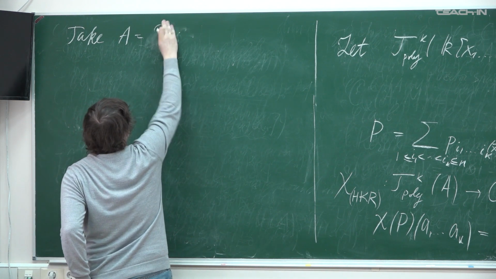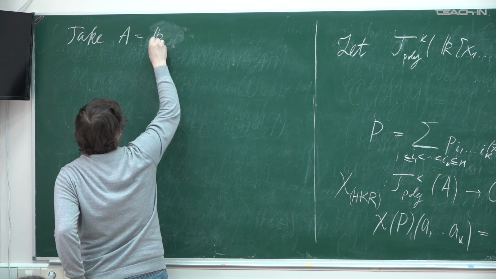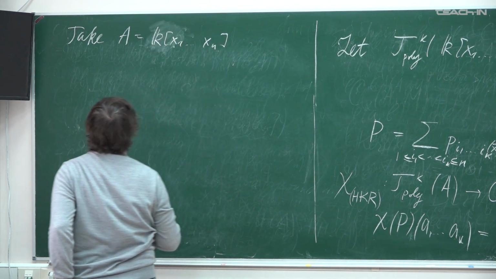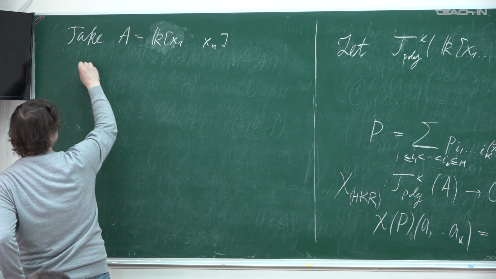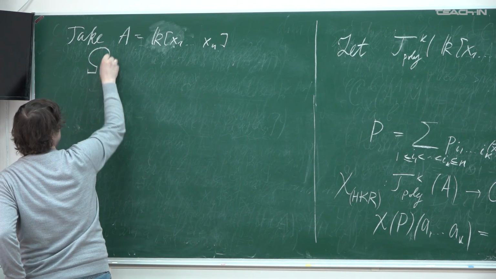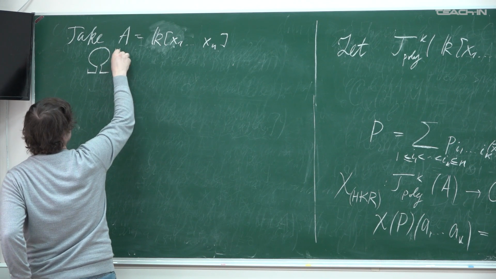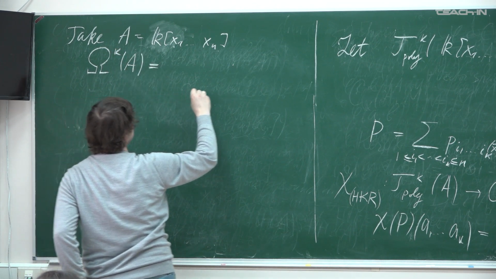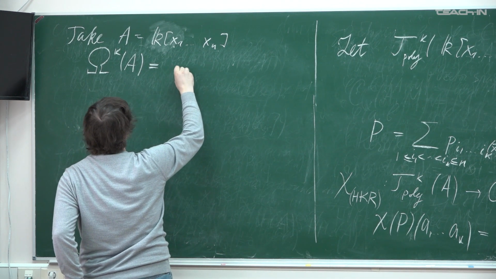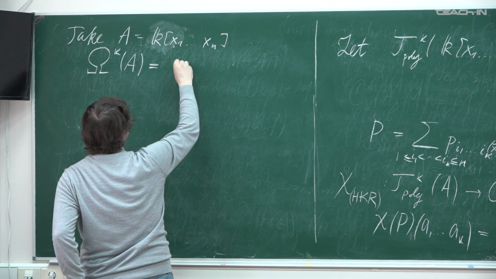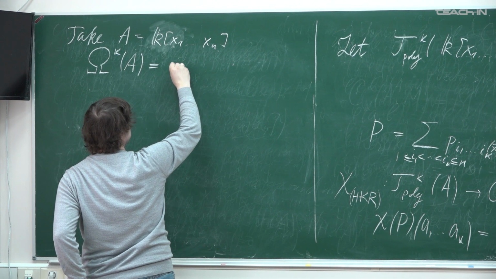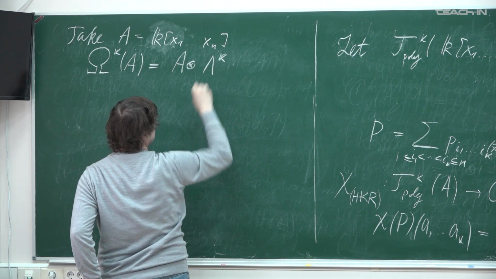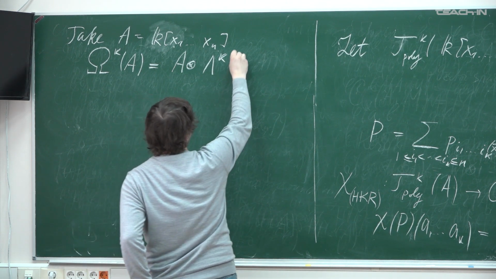And I define the space of k-forms on A to be equal to the tensor product again of A with the kth exterior power of K^n.